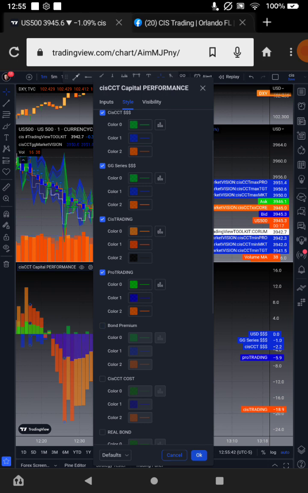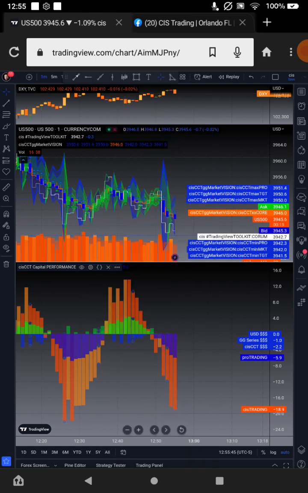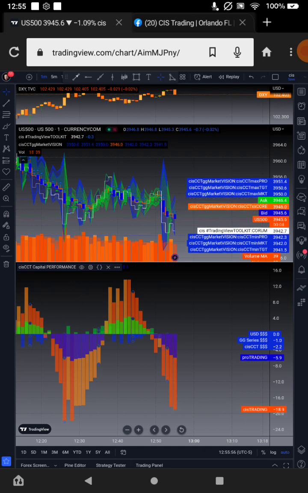And then when I take all of that off, you can see an indicator that looks similar to what most might refer to as a MACD, or a moving average, divergence, convergence type of indicator, okay?